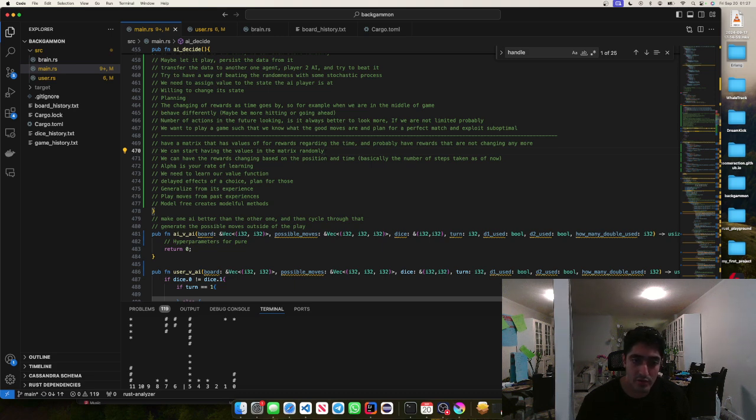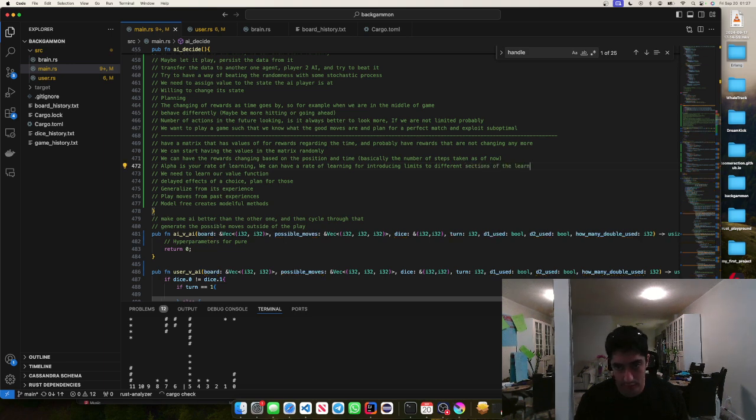We can have the reward changing based on the position and time. A rate of learning. Why do we need a rate of learning? We can have a rate of learning for introducing limits to different sections of learning.